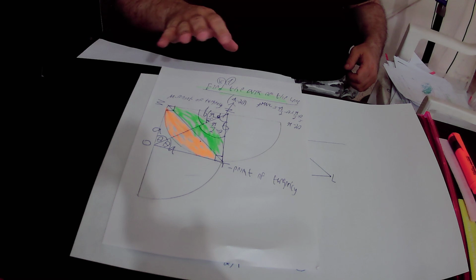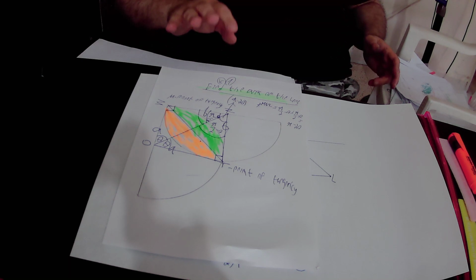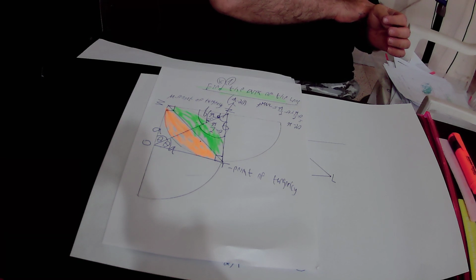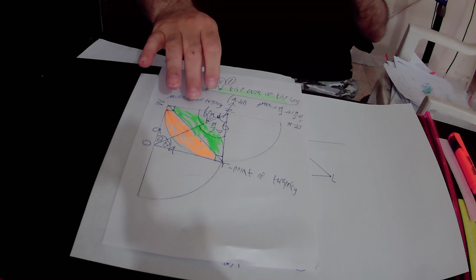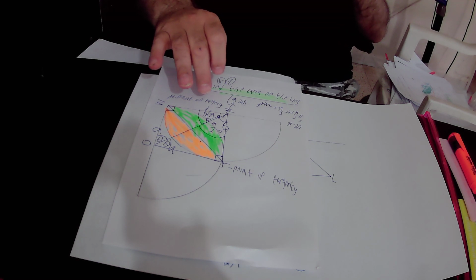Because the radii of the two semicircles are A and B, and A and B could be any positive number. So in this way we create the general formula that is good for any lens.